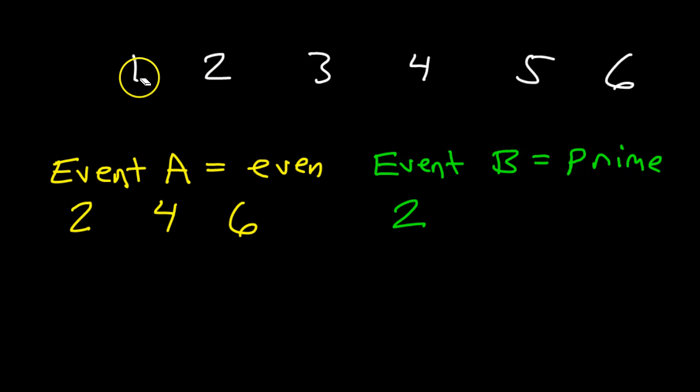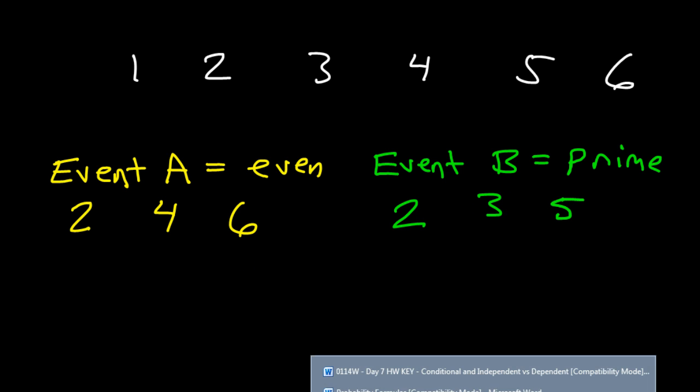Okay, 1 does not count as a prime number. 2 is a prime number. 3 is a prime number. Okay, 4 is not a prime number because that's 2 times 2. 5 is a prime number. And 6 is not a prime number because 2 times 3. So the yellow numbers here, these are the even ones. The green numbers here, these are the primes.